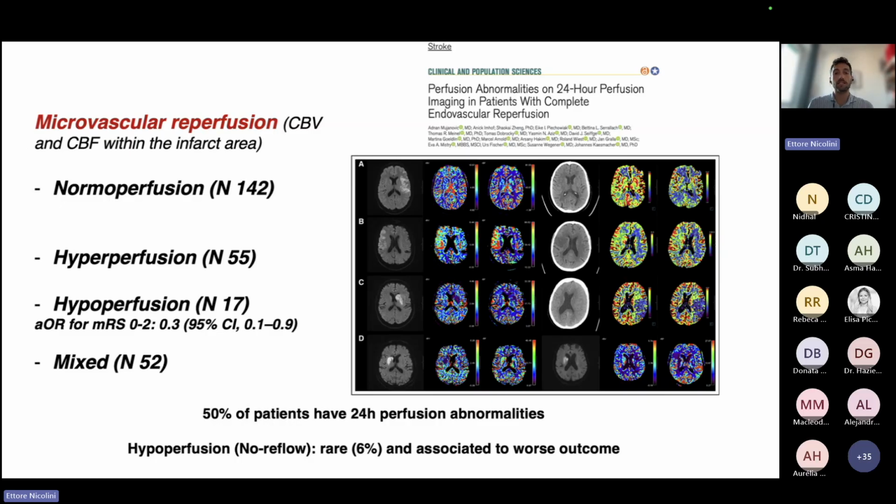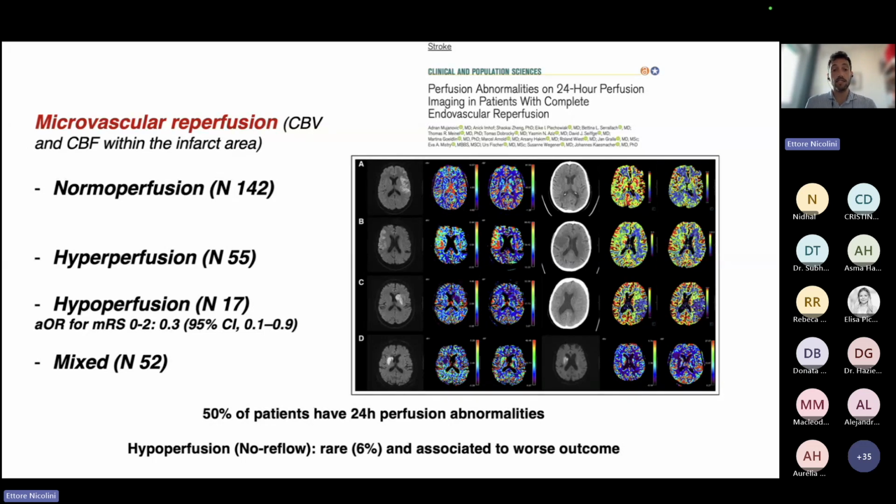The authors classified the patients in 4 different perfusion patterns. The first was the normal perfusion, which was the most common, then hypoperfusion, hyperperfusion, and mixed perfusion.